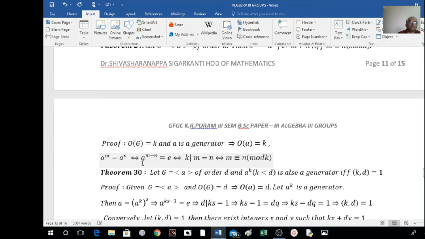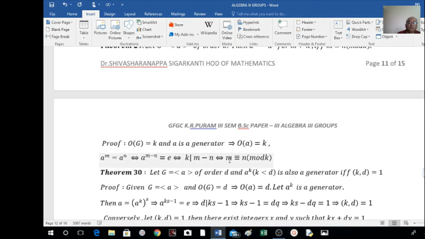There are two results. One, order of a is less than or equal to this power. Second, order of a divides this one. So here I will use: this implies order of a divides m minus n. What is the order of a? That is k. So k divides m minus n, and by the definition of congruence modulo, we can write m is congruent to n mod k.